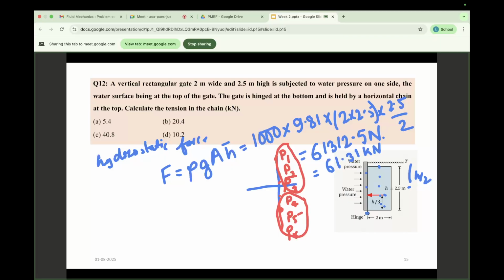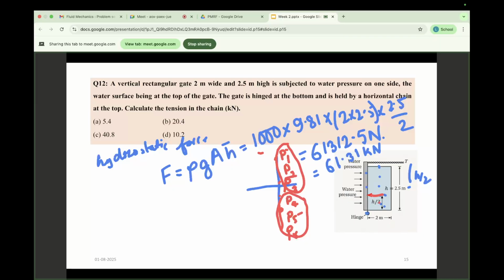What do you think? Bottom one. Yes. That means the center of pressure is toward the bottom. That's why you see this red line is toward the bottom and it is basically at h by 3.